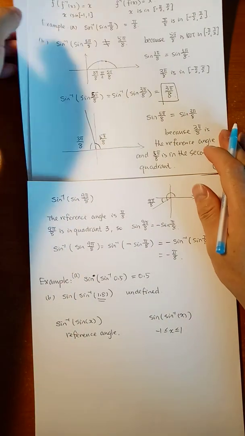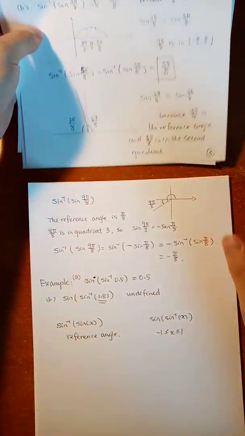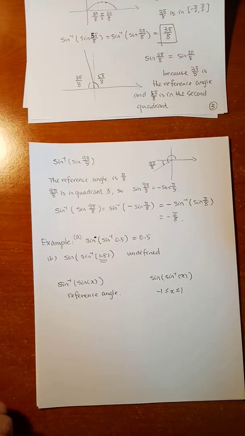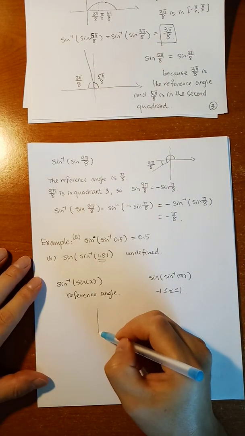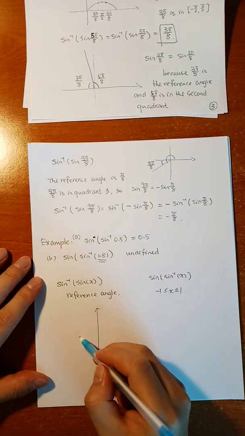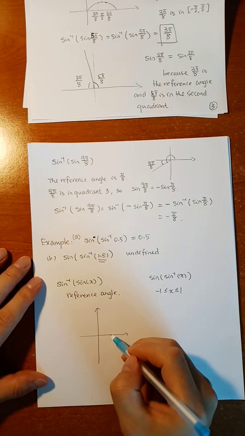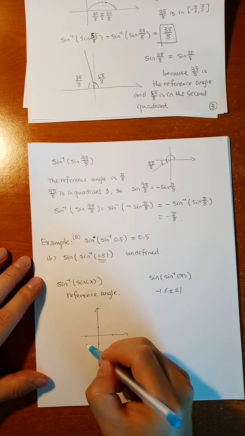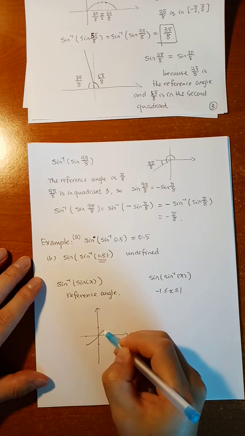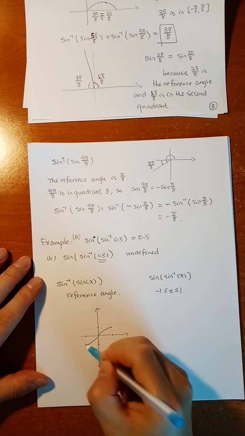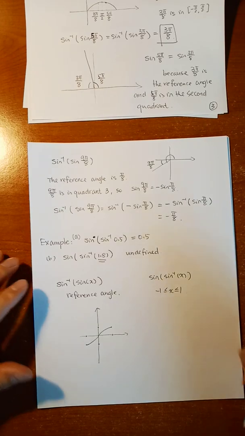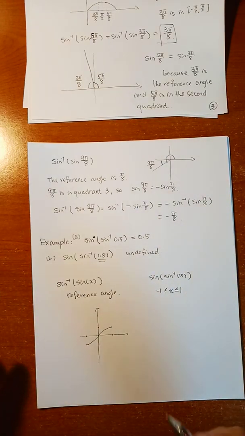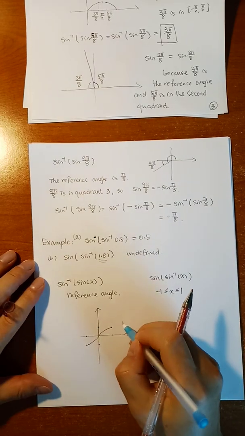Okay, so this is the inverse sine. And if we draw the graph of the inverse, this is sine, y equal to sine x.